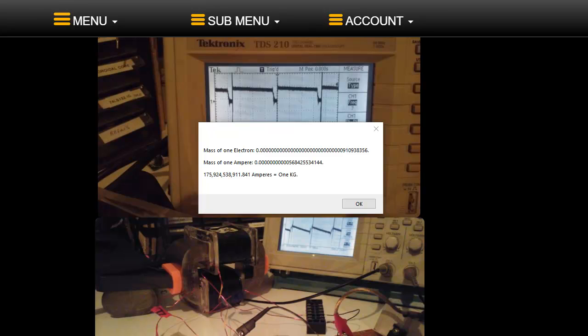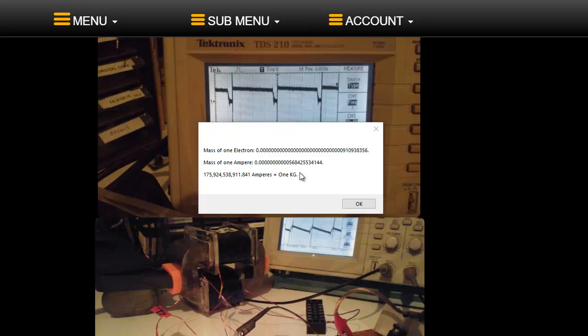You can see here the mass of one electron is that figure there. According to my rough math, and other people might be able to do a better job than I have, each electron has that mass in kilograms. Mass is a kilogram unit. The mass of 1 ampere is that figure there.